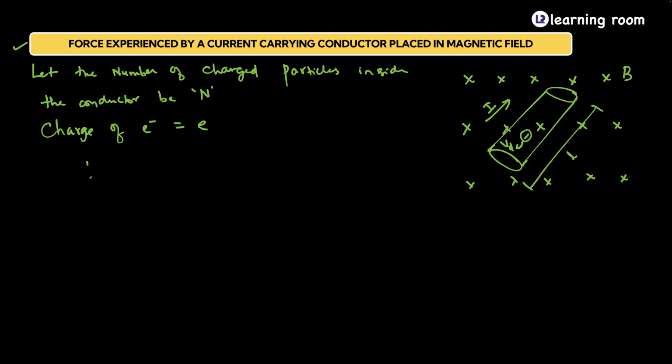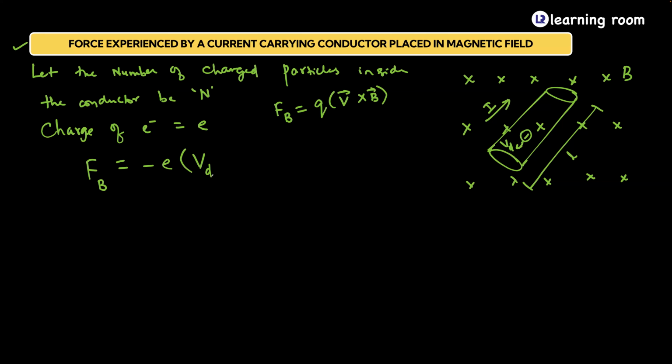What is going to be the force experienced by that one electron which is under observation? Fm is equal to minus e. See, basically, magnetic force is equal to Q into V vector cross B vector. So it is going to be minus e into, what can I write V vector as?